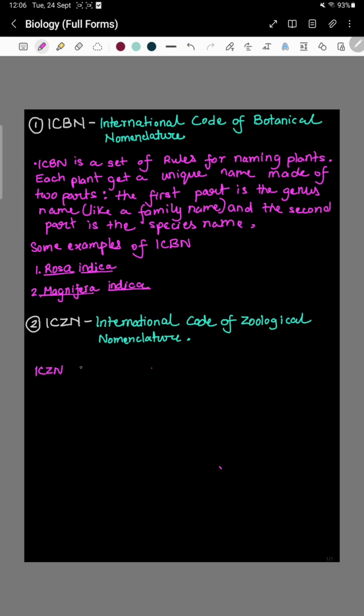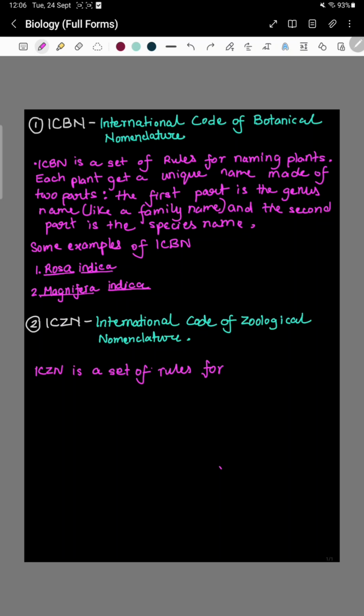ICZN, International Code of Zoological Nomenclature, is a set of rules for naming animals.